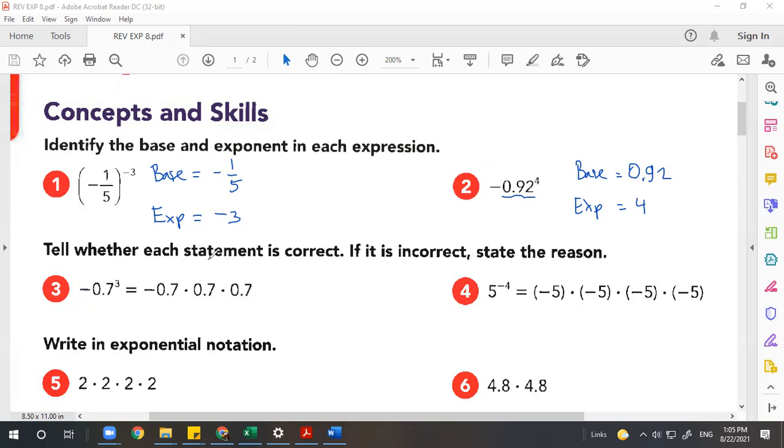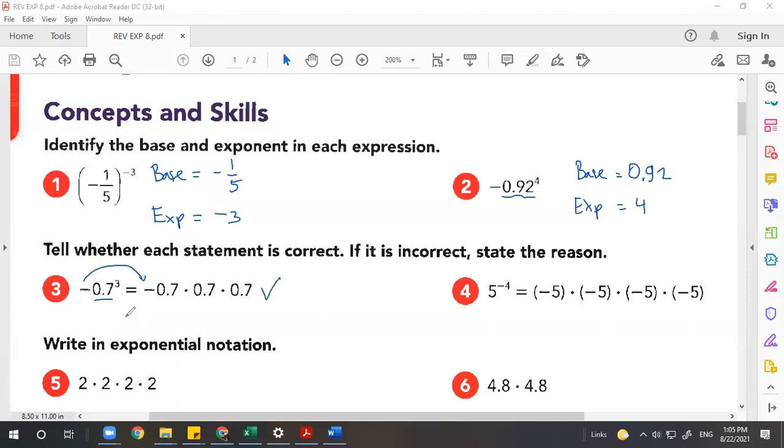And tell whether each statement is correct. If it is incorrect, state the reason. So for number 3, the negative is not to the power, right? So we don't have the bracket for the negative 0.7. So the negative is only one time, right? And the rest will be 0.7 times 0.7 times 0.7. This is correct.